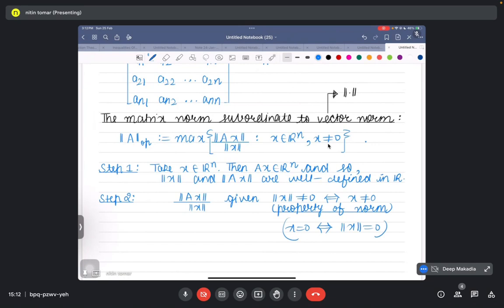So you can divide, right? Therefore, norm Ax by norm x is well defined for every x which is in Rn minus 0. Am I correct?